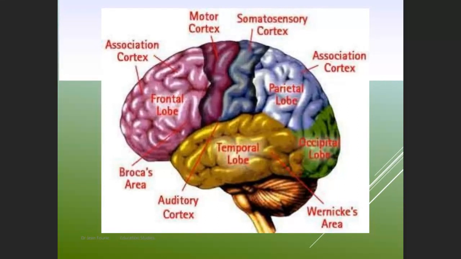The parietal lobe, right at the back in green is the occipital lobe, and on the side, just behind where your ears are, is the temporal lobe. So these lobes all have a particular function that they are performing.